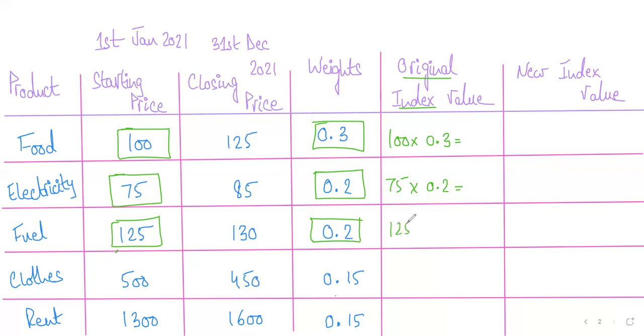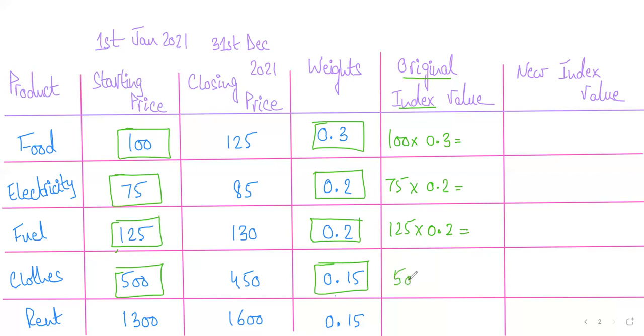So that will be 125 into 0.2, right? Okay, then it will be 500 times 0.15.